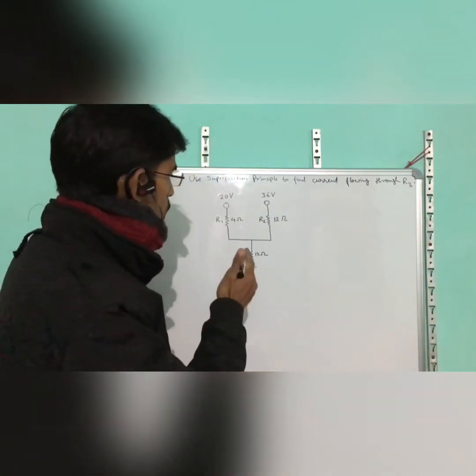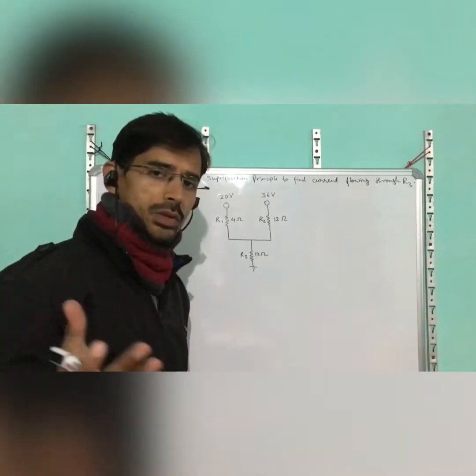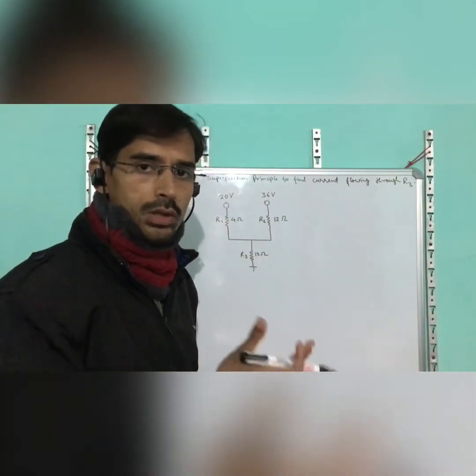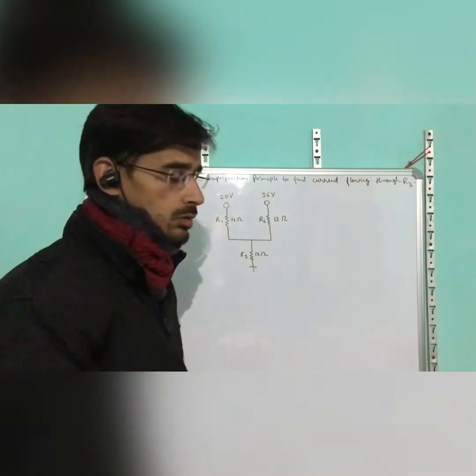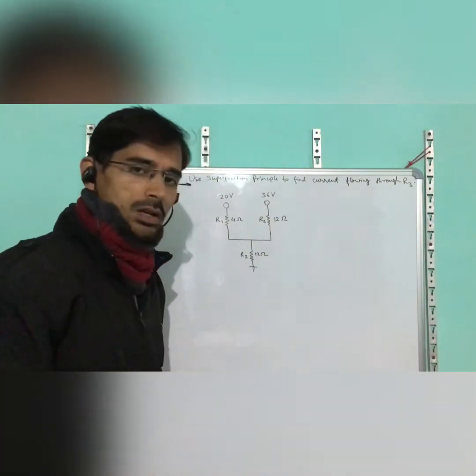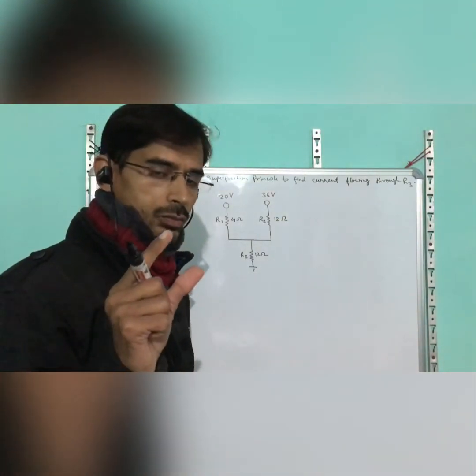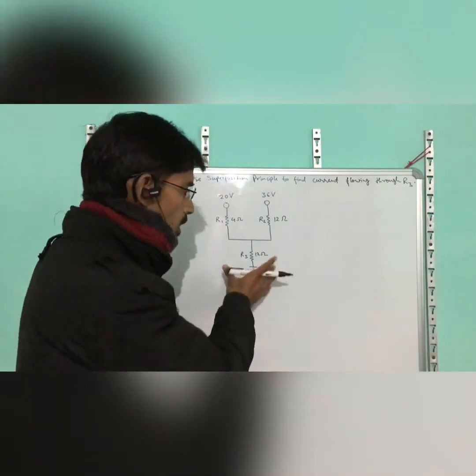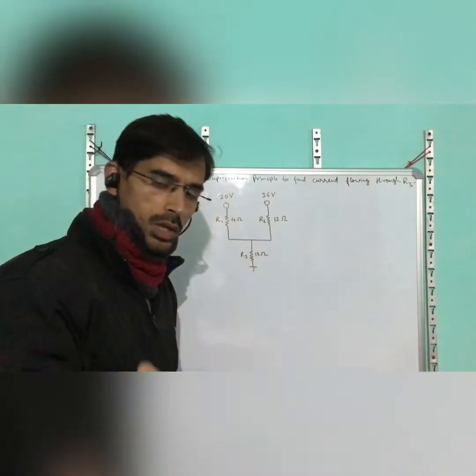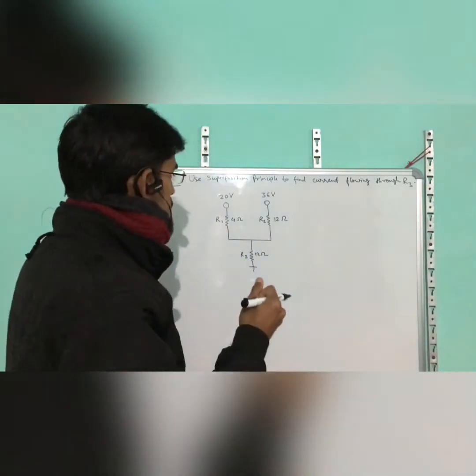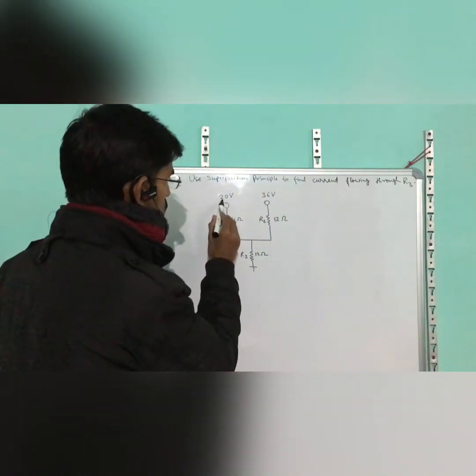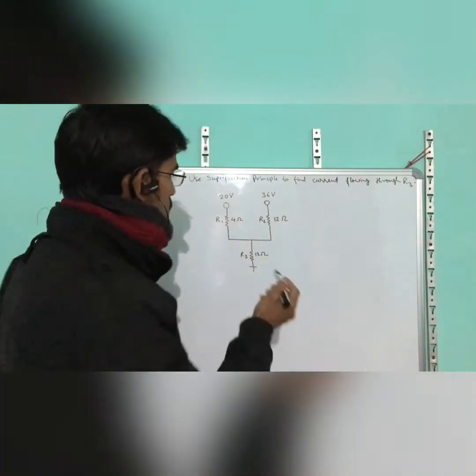In the last lecture we discussed one application similar to this question, but here the geometry of the circuit is different, so it may be difficult for you. You can see two voltage sources, 20 volt and 36 volt.